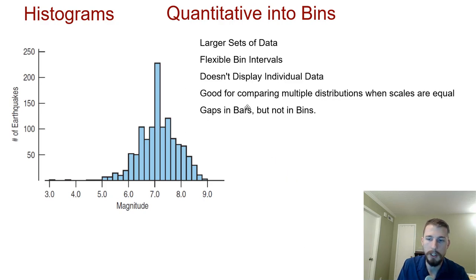And you can have gaps in the bars, but not in the bins. So basically, you need to keep the bin sizes consistent as you go. Don't skip and go from 5 and then make this one 3 instead of 4 or something like that.